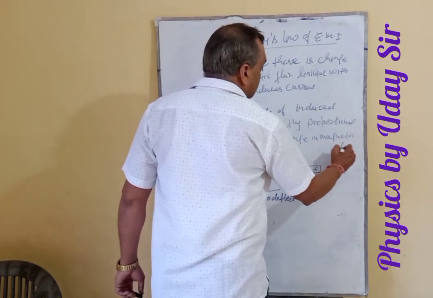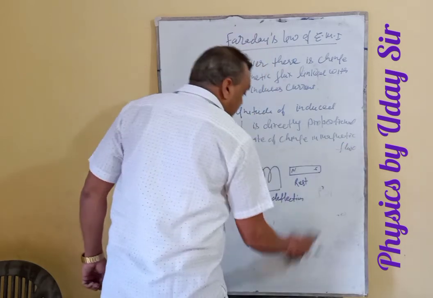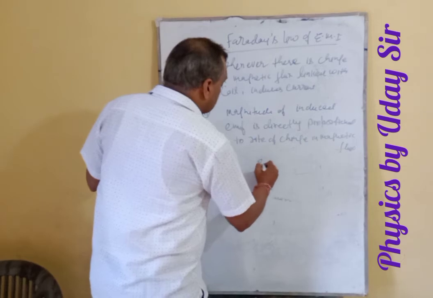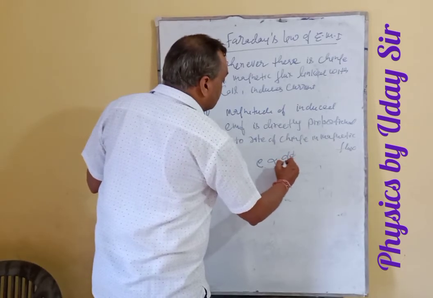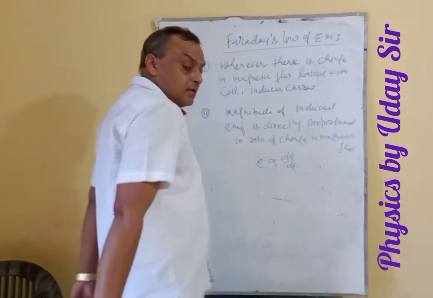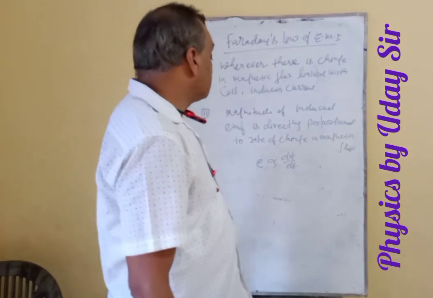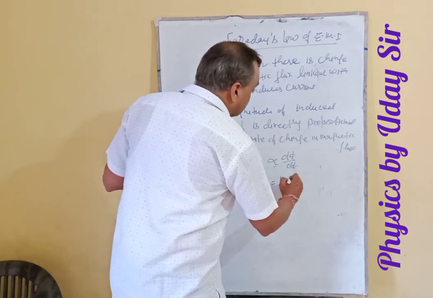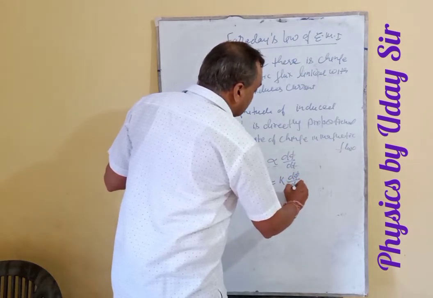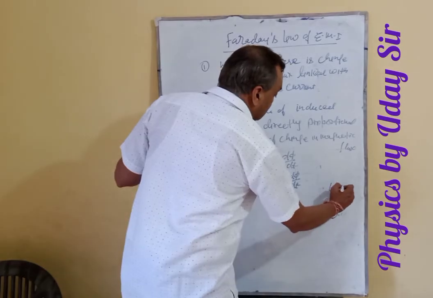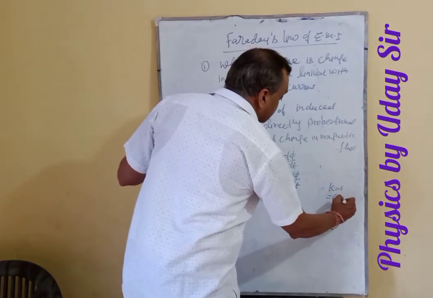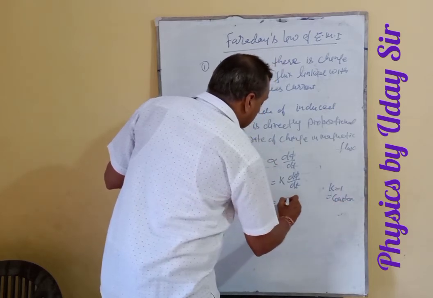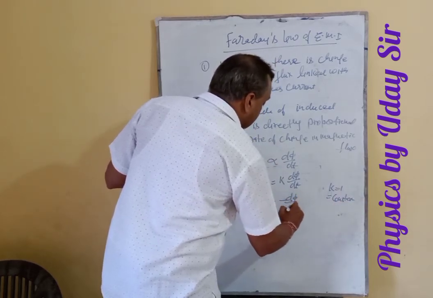So what does rate mean? E is directly proportional to d phi by dt. Here, in place of directly proportional, you have to give one constant. There is no particular value, so the constant k is unity. So what is left? E is equal to d phi by dt.